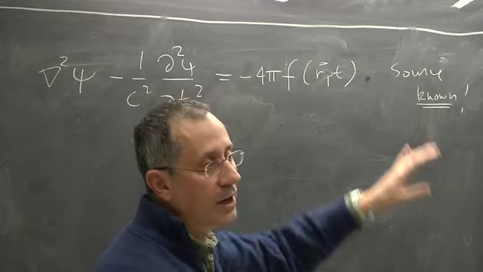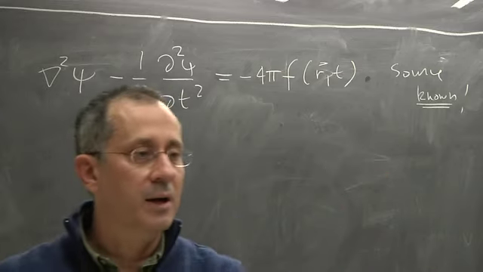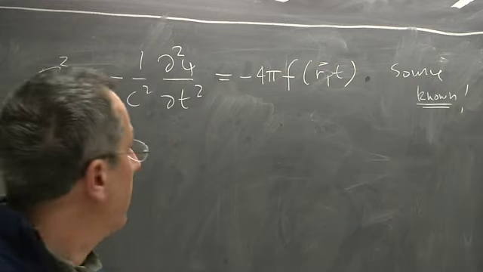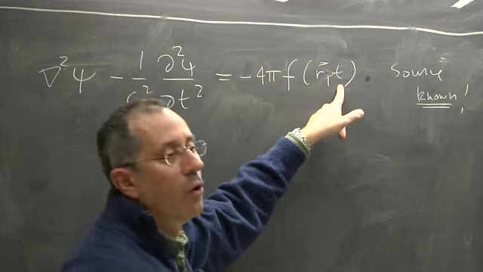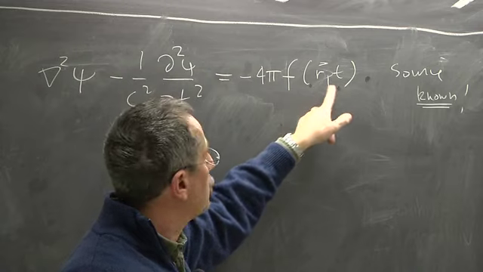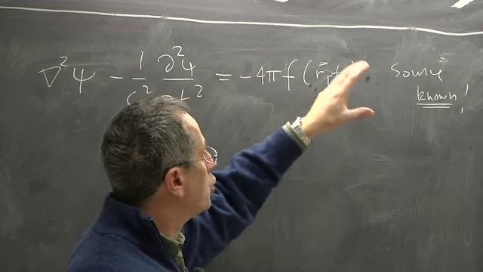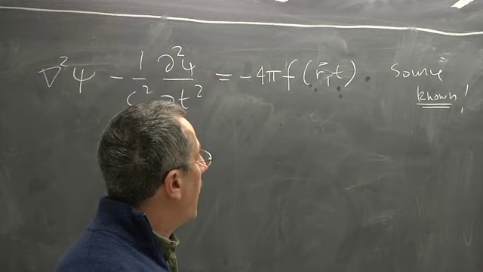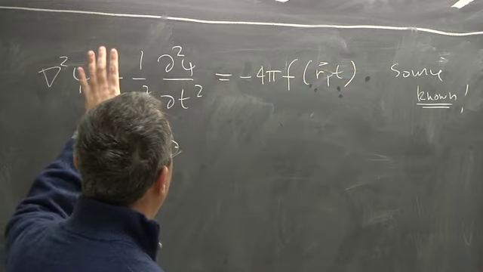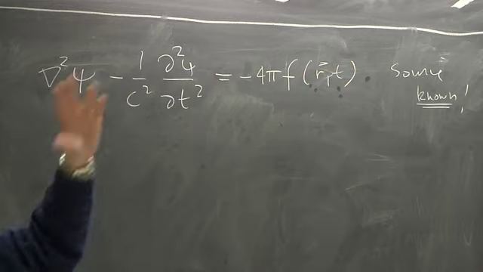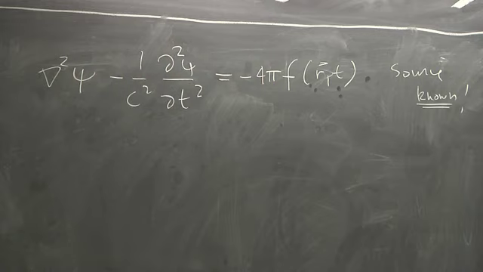I know the source. I know there are charges somewhere, some currents. They are varying in time or not. I don't care. I take the most general. So the system of charges and currents is given. What are the electric and magnetic fields generated by this generic distribution of charges?